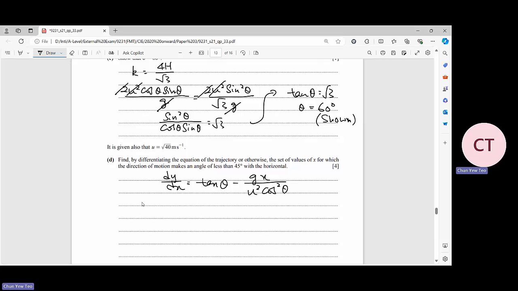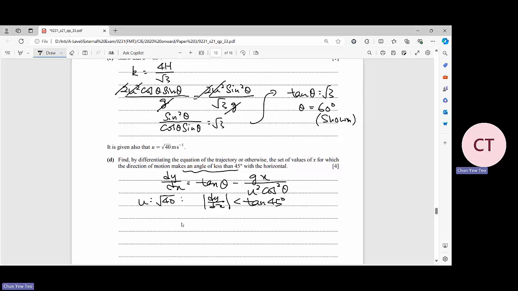Okay, so your u is square root of 40 and the modulus of dy dx is less than tangent 45 degrees. That is the meaning of it. Because the direction of the motion, the dy dx is the direction of the angle of the motion. They want it to be less than 45, it can be going up less than 45, also can be going down less than 45. That's why we put modulus of the dy dx less than tangent 45.